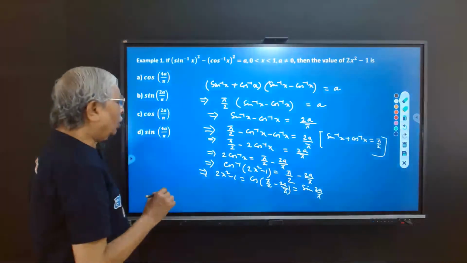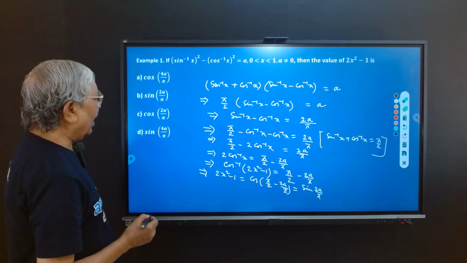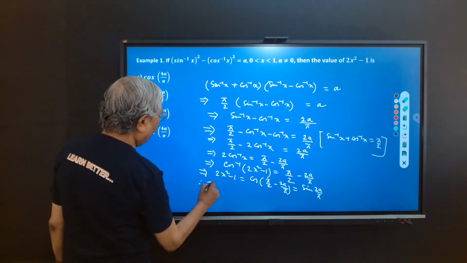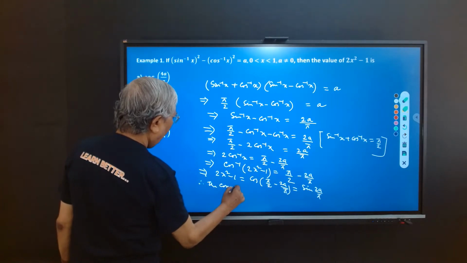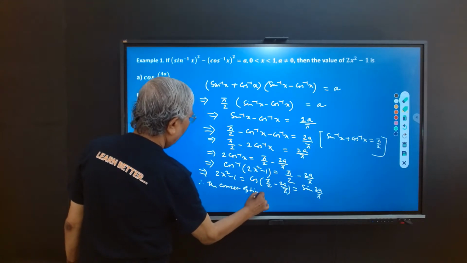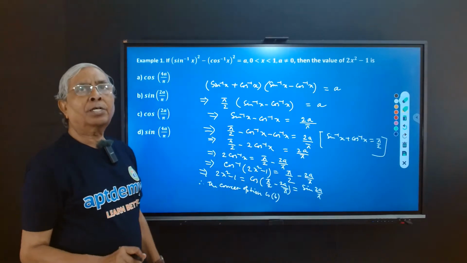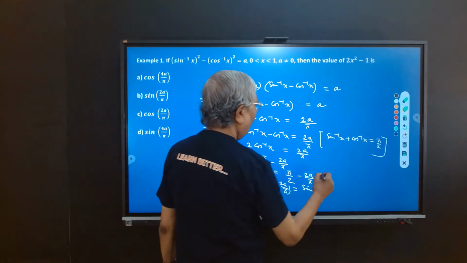So the value of 2x squared minus 1 equals sin of 2a by pi. So the correct option is B.